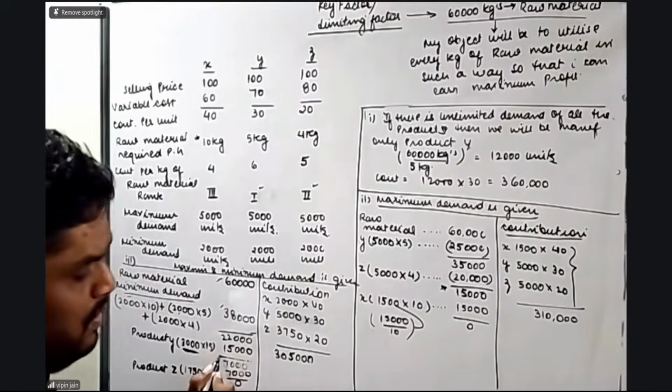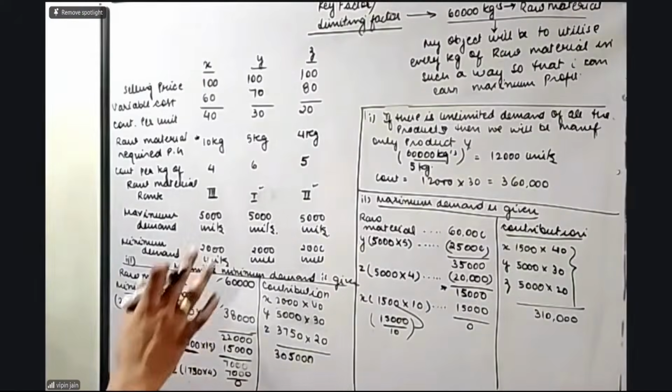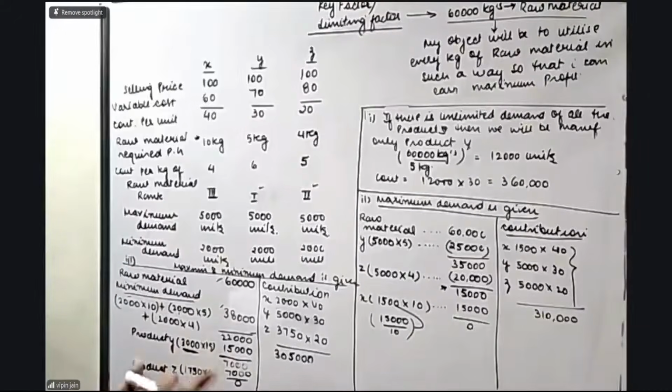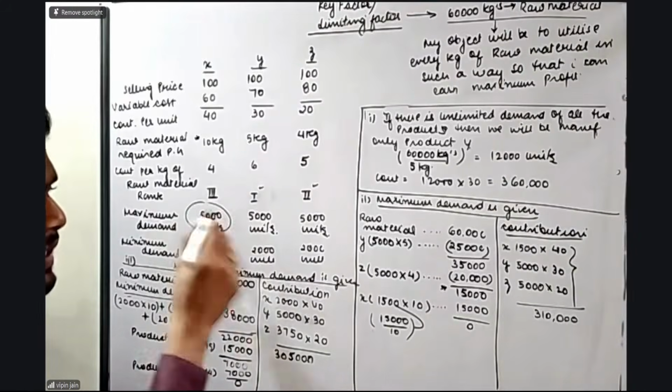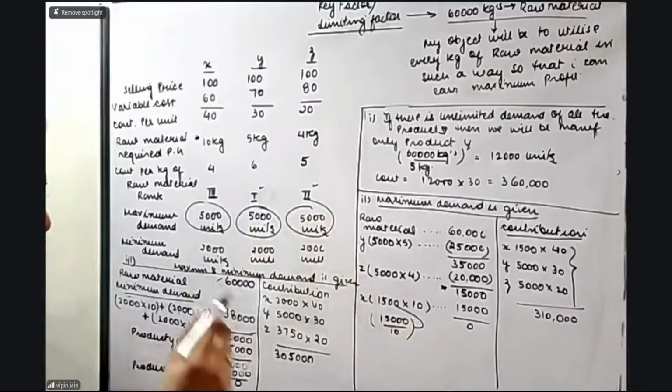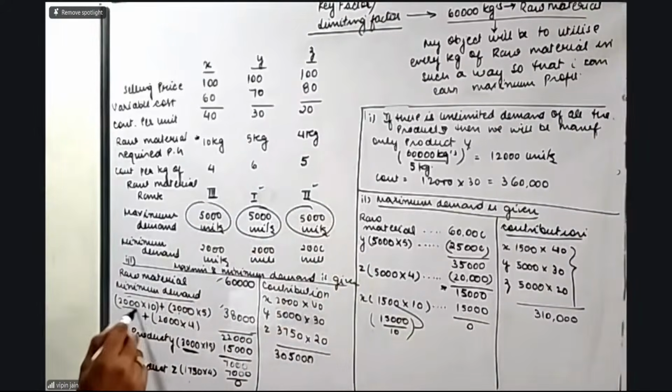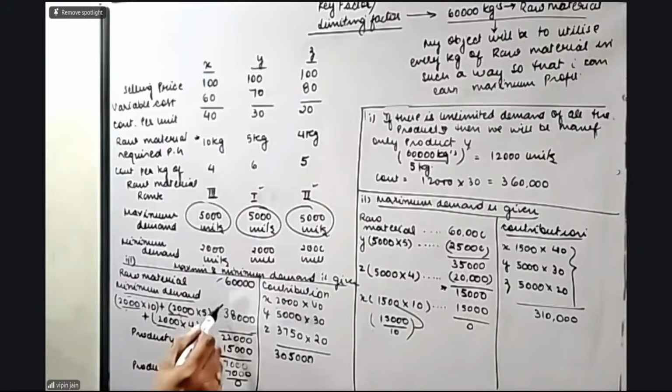Yes, sir. Okay. How many units of a particular product can we manufacture at the most, Mehak? 5,000 units, sir. Okay, 5,000 units, right? Now we have already fulfilled the minimum demand here. We manufactured 2,000 units of X, 2,000 units of Y, 2,000 units of Z. This is how 38,000 kgs were utilized, right?